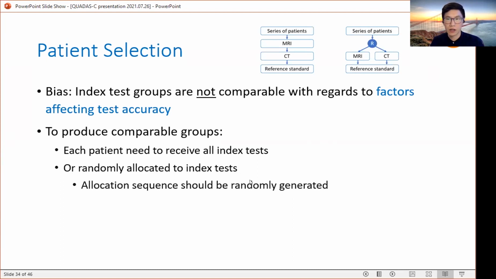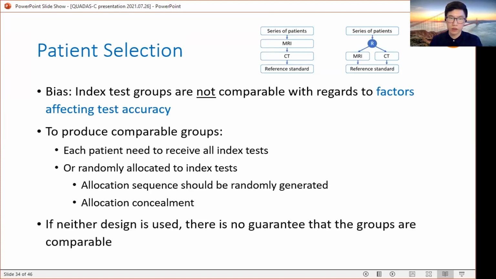Now, if there is randomization, we of course need to look at whether the allocation sequence was truly randomly generated and whether the allocation was concealed until patients were enrolled and allocated to index test groups. And if neither design is used, there is typically no guarantee that the groups are comparable, and you're likely to end up with a high risk of bias judgment for this domain.